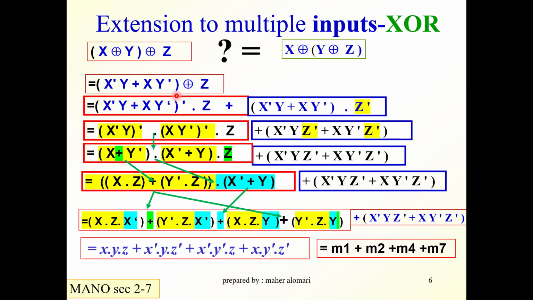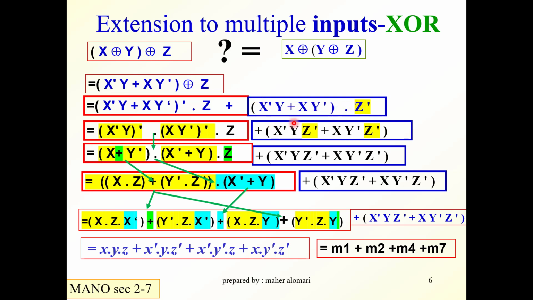We take the complement of the first term, which is this one, ANDed with the second, which is Z, ORed with this term, ANDed with the complement of the second term, which is this.